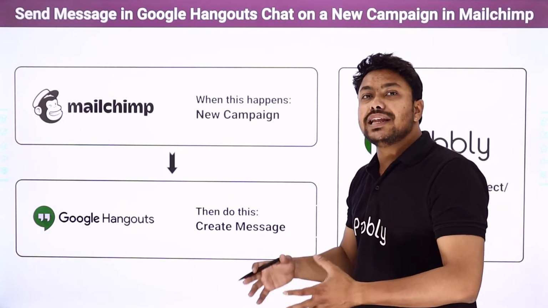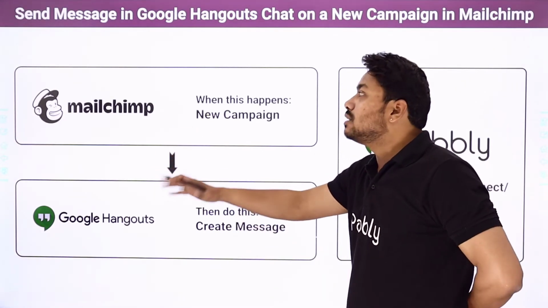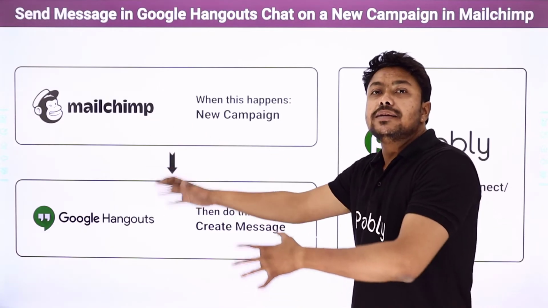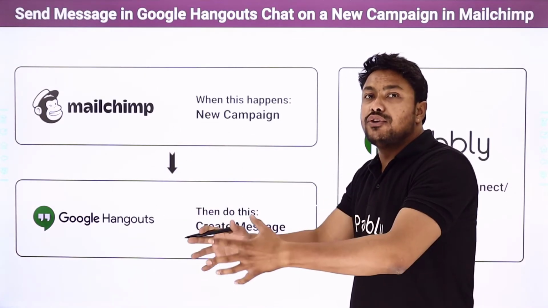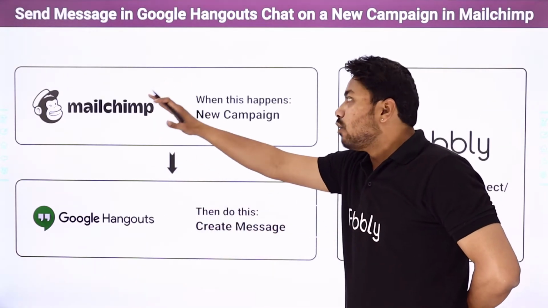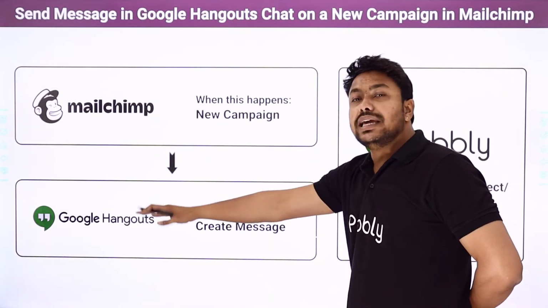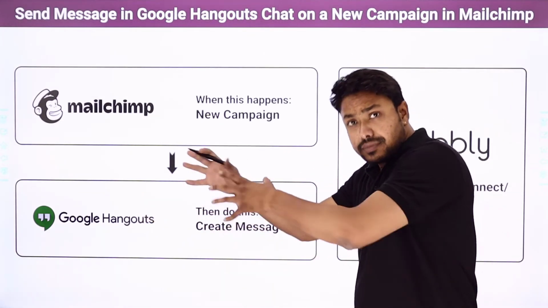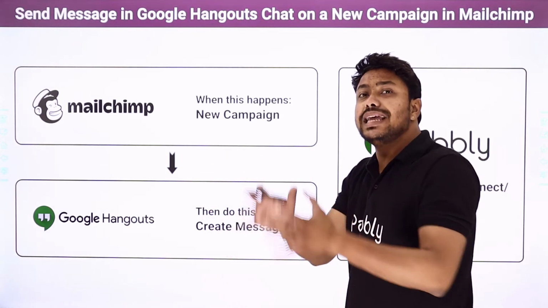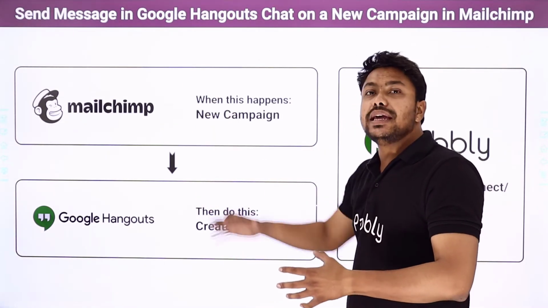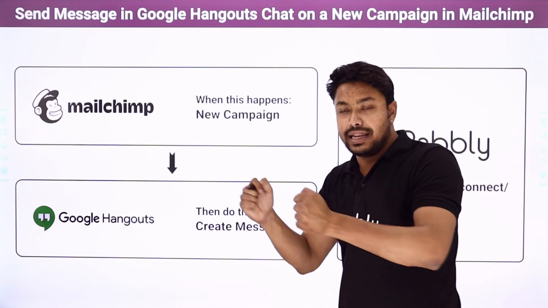Now, whosoever is running this campaign is responsible for this campaign, but if you want to notify all of your team about this campaign, what will happen? Automatically on your Google Hangouts account, the message will be sent to your team, and then your team can check the campaign and can have an eye on the campaign as well.